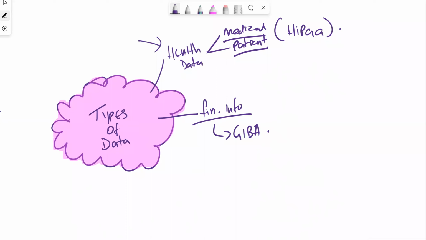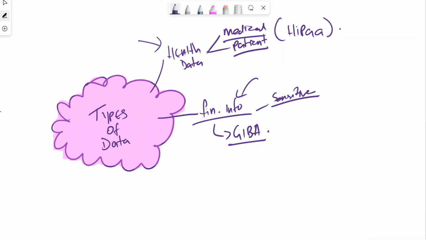This is the Gramm-Leach-Bliley Act, and this deals with financial institutions. If we're dealing with financial information of our customers, we typically have to label that data as sensitive. Anytime we deal with our customers' financial information, we have to deem that as highly sensitive, and then we need to protect that data because it's private. So we have to abide by the Gramm-Leach-Bliley Act to ensure that sensitivity, right?